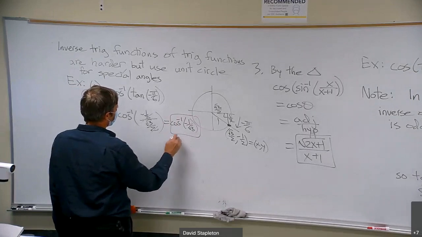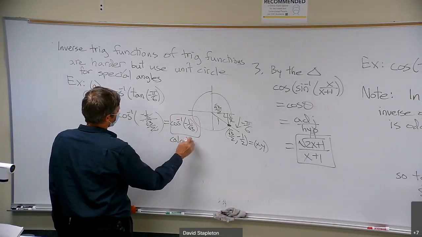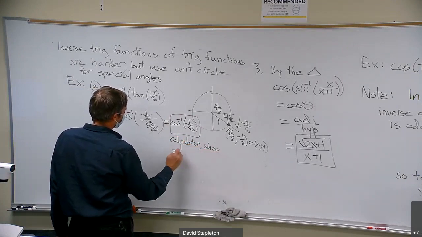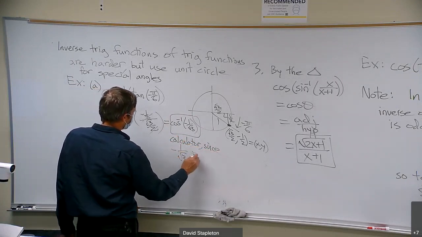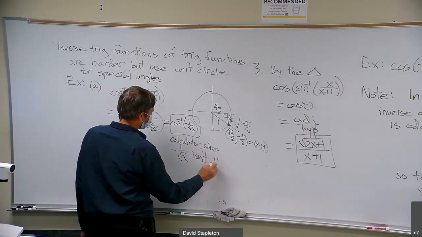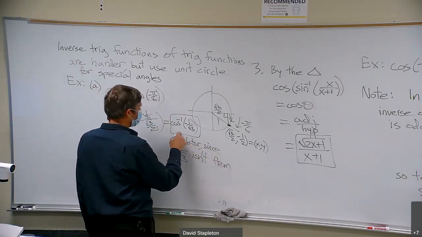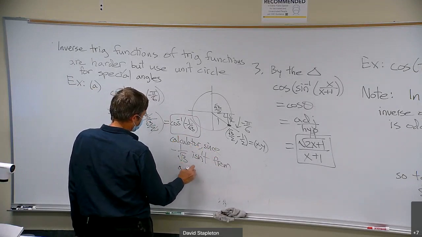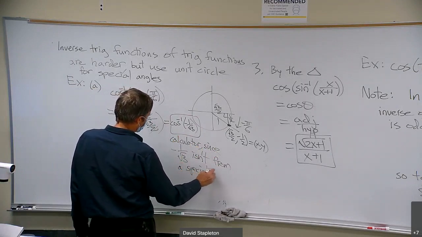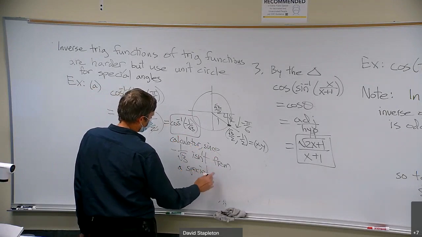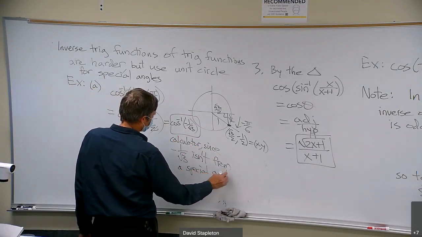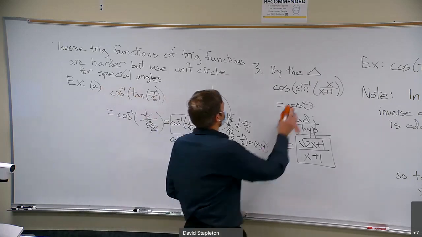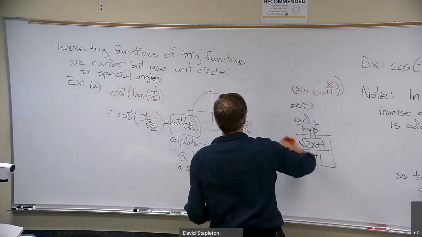At this point, I have to use a calculator, since minus 1 over square root 3 isn't from a special angle. Not so good going the other way. Nonetheless, if it happens to be an inverse trig function of the same trig function, you can deal with it.